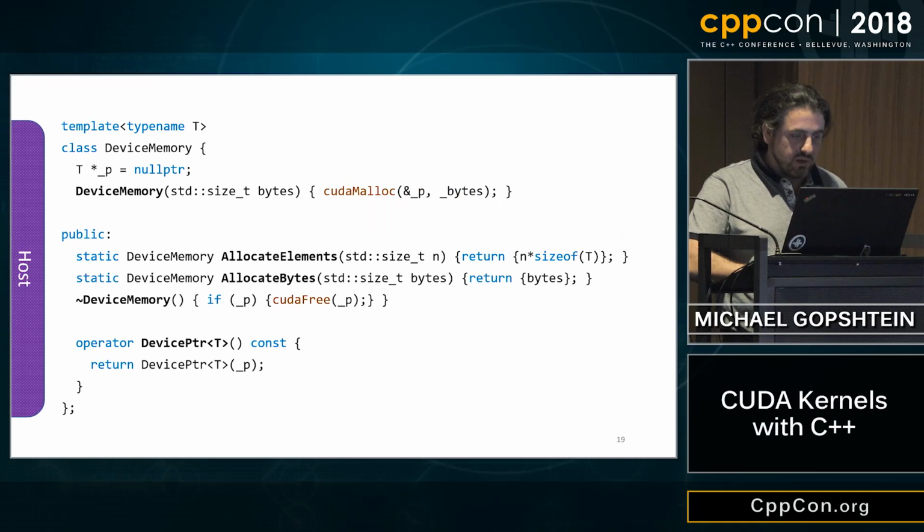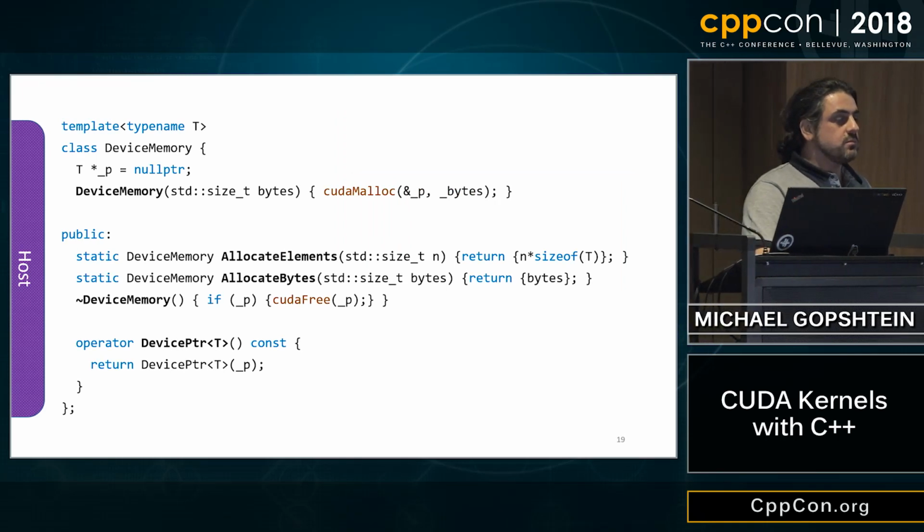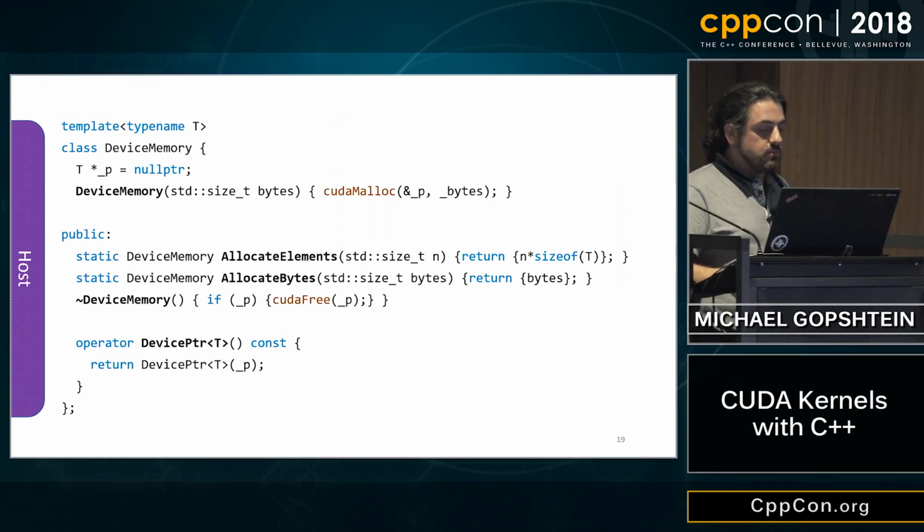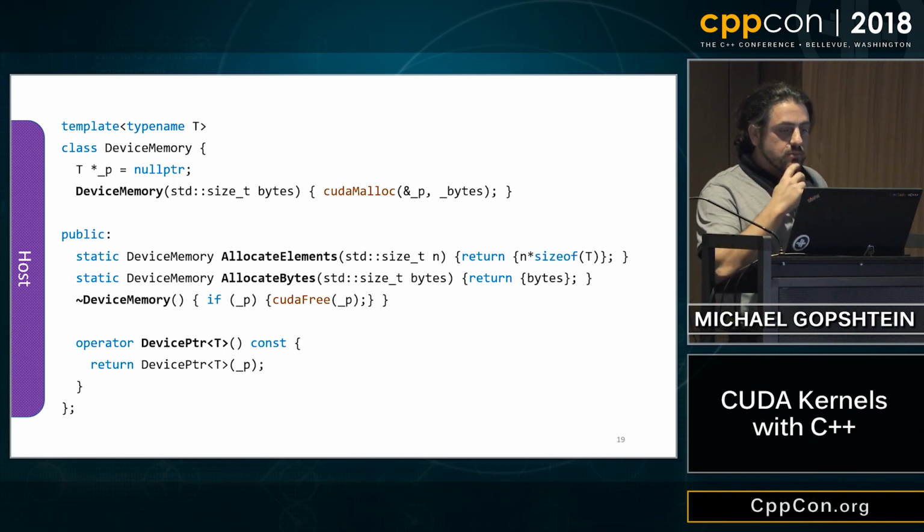Okay, and if you could go to slide number 19, I think there's just a small issue. Just wanted to confirm. This? 19. Sorry. Yeah, I think the names allocate elements and allocate bytes, are they the same?